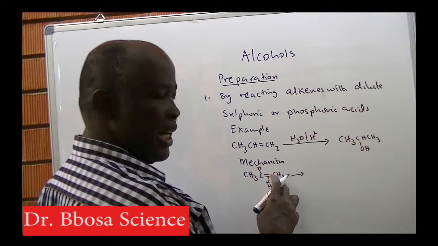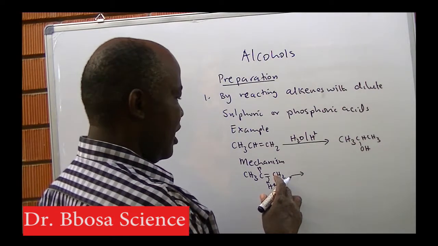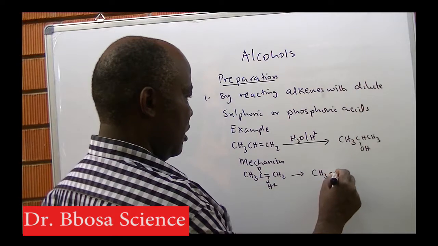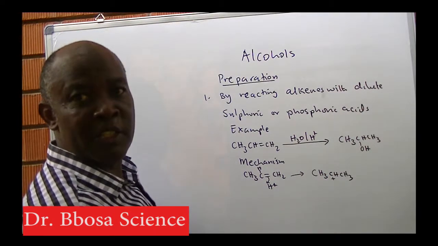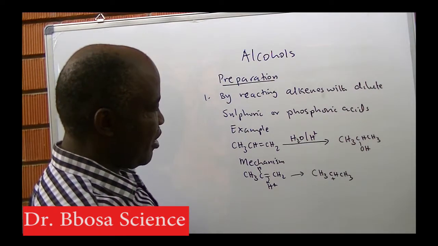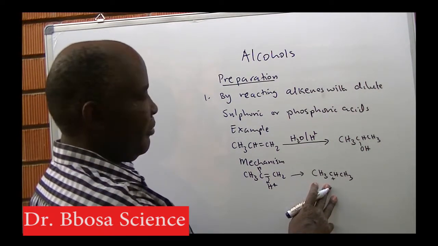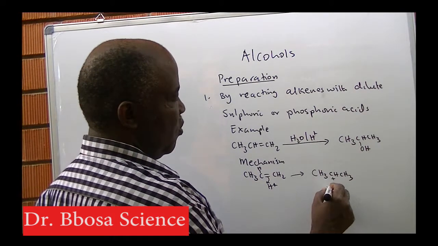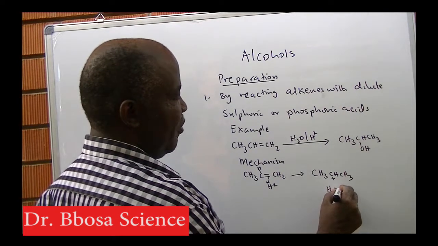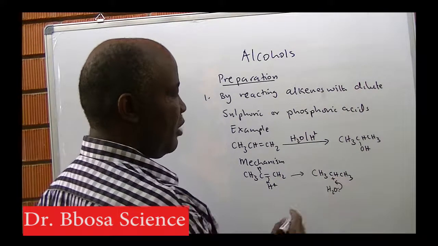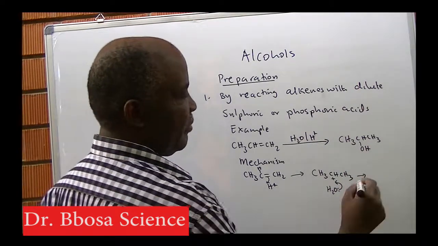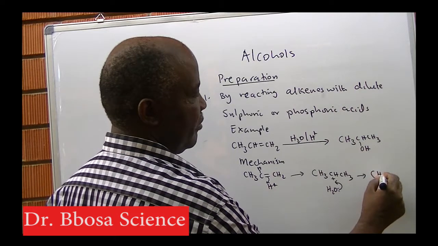Hydrogen goes to the carbon atom with the highest number of hydrogen atoms. A positive charge goes to the carbon atom with the least number of hydrogen atoms. Then water uses a pair of electrons to react with the positive carbon.